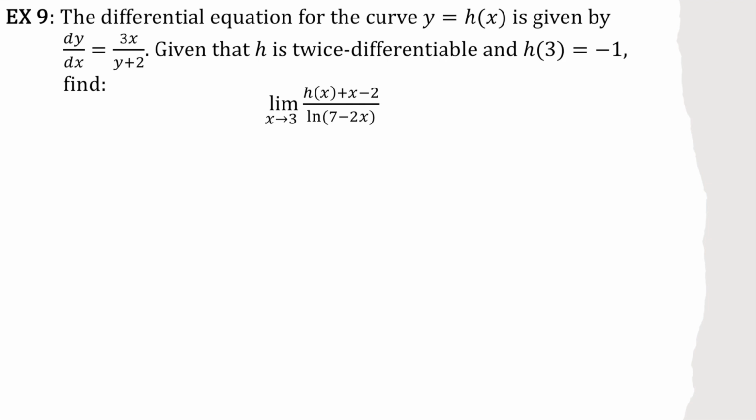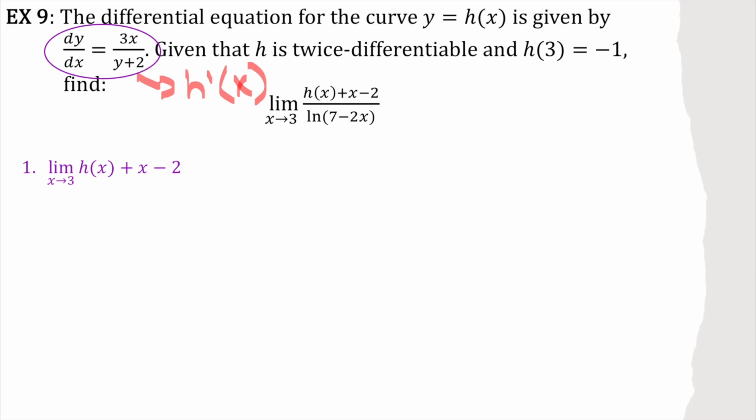Wow. Before we begin, I just want to tell you, look at this dy dx. That's going to come in handy in a little bit. That's actually h prime of x. So watch for that.